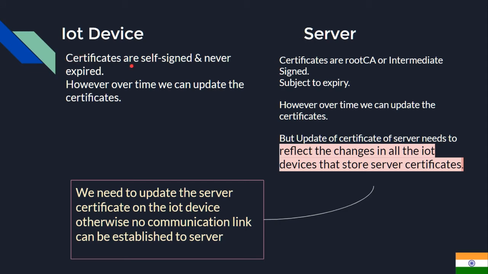This is the IoT device certificate. Okay, it's the identity. It's like an Aadhaar card for the IoT device. This Aadhaar card is with the IoT device as well as with the server. So if tomorrow the IoT device sends its certificate, the server has the certificate in its storage also, so it will check whether the two certificates are valid or not.